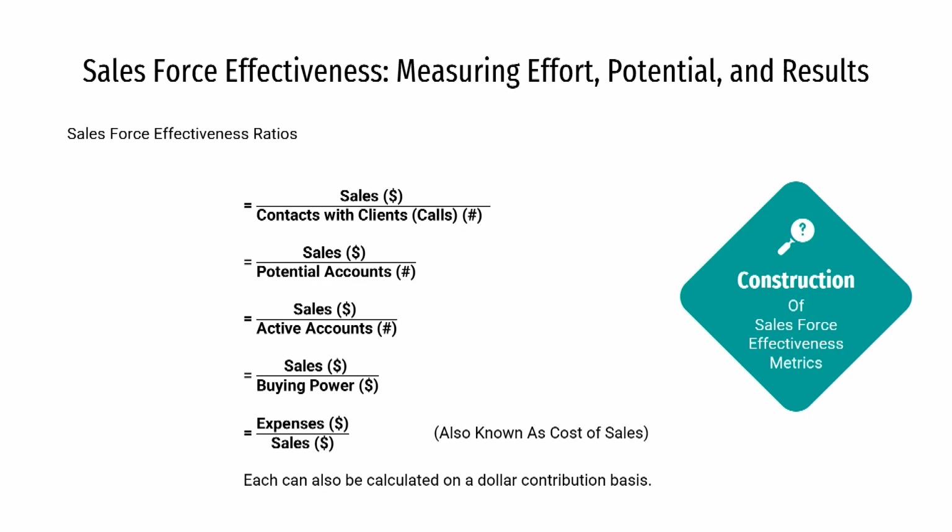Then sales divided by active accounts gives us the quantum of an average active customer purchasing from your brand. Sales by buying power gives an indication whether we have been able to make them spend a higher quantum of money or not.